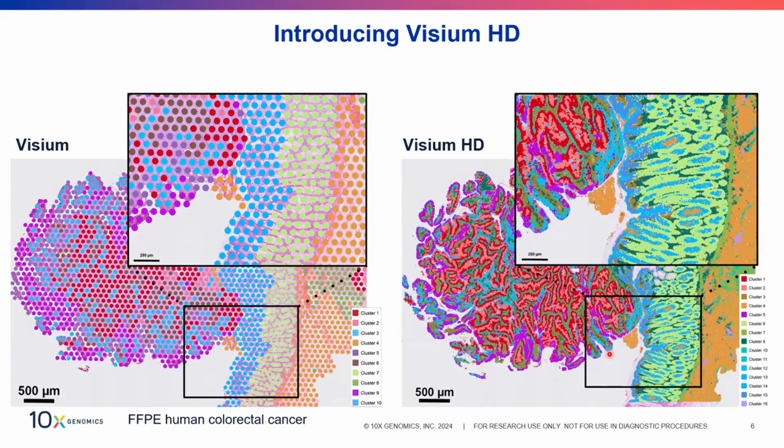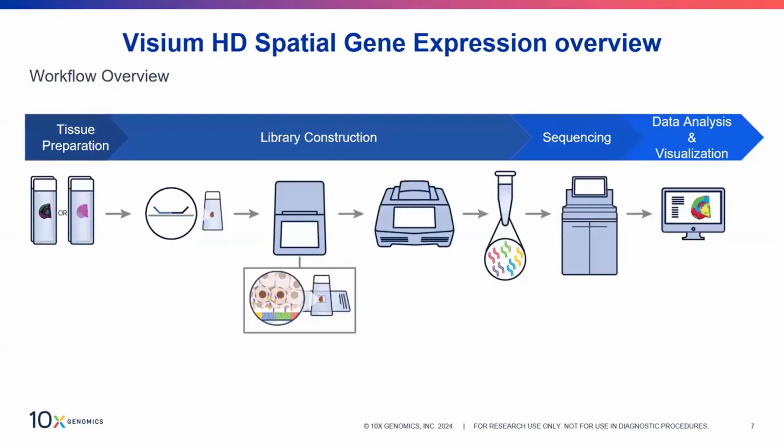Based purely on the clustering, you can pretty much see the tissue morphology in great detail. If you are interested in looking at these data sets, you can find them online. I will show you later where to find them. This is just to tease you and show you, if you compare this, how much the resolution has improved. So how was this accomplished, basically?